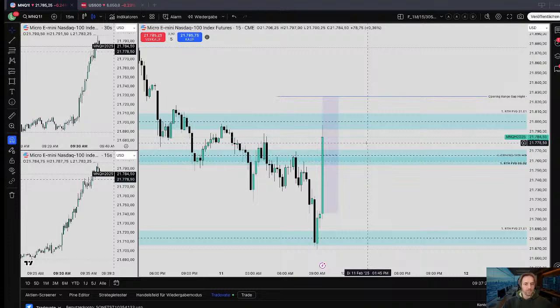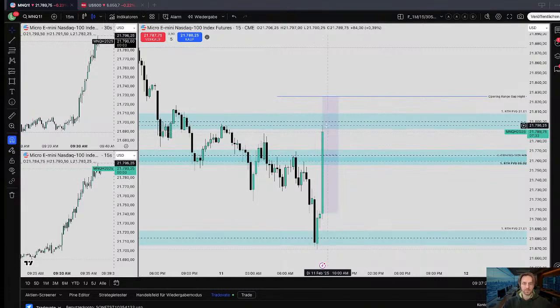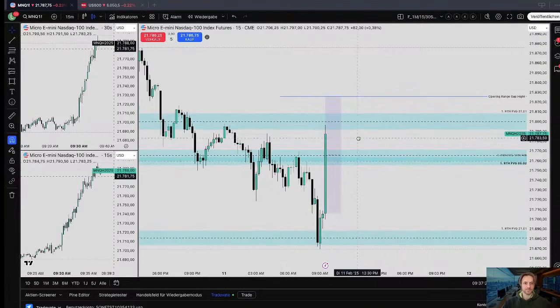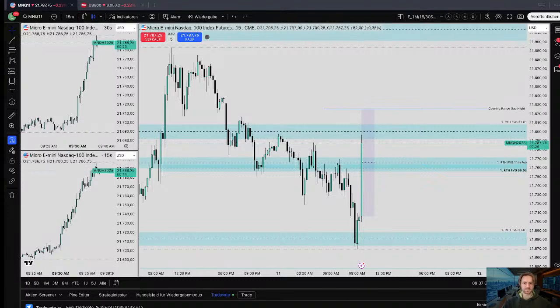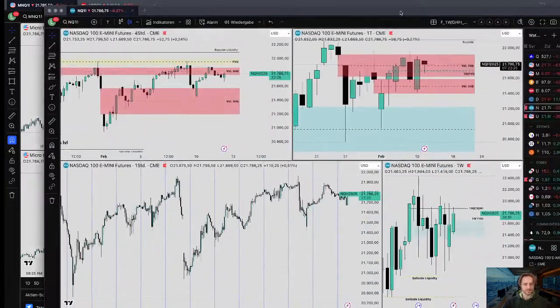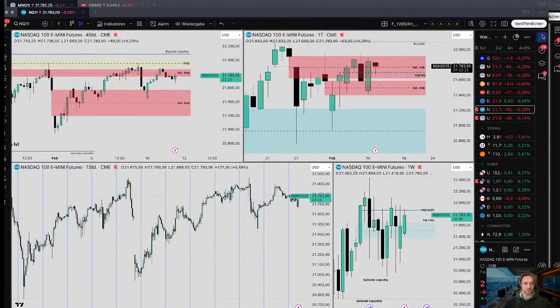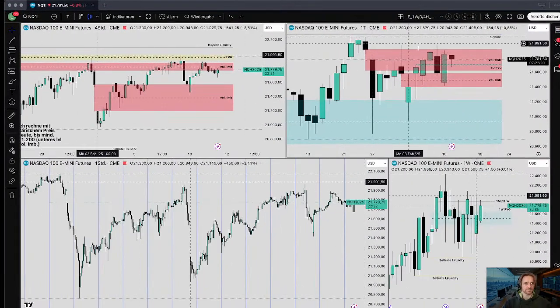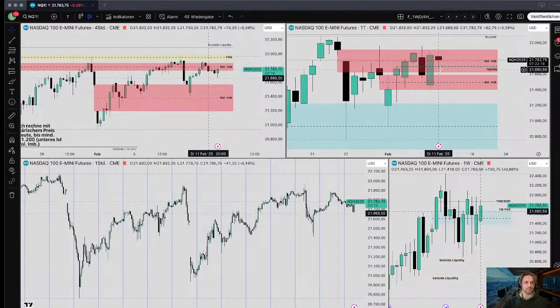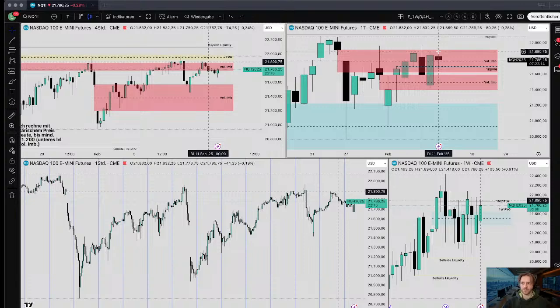There we go. Do you see it? Yeah, that's way easier to do this one, right? So basically, right now we're in this fair value gap up here. The level I would like to see it being rejected is around here. So would be really nice.